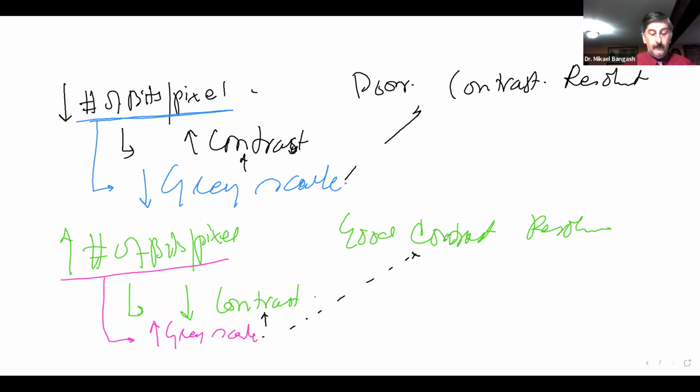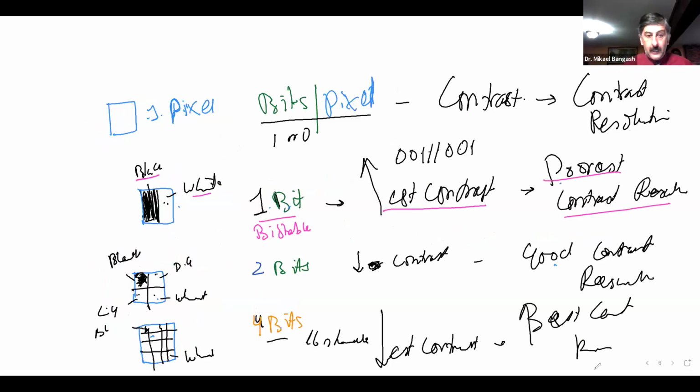But of course, we can then say that this bistable here is the smallest grayscale that you have, because you can't have less than 1 bit per pixel.